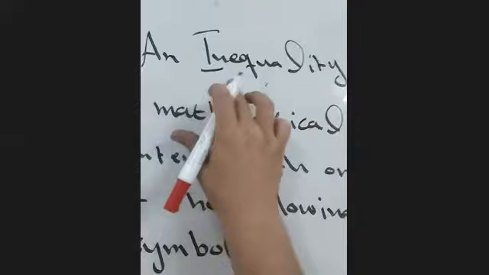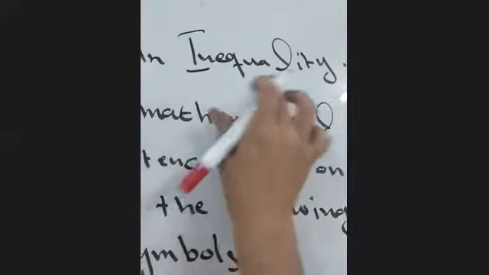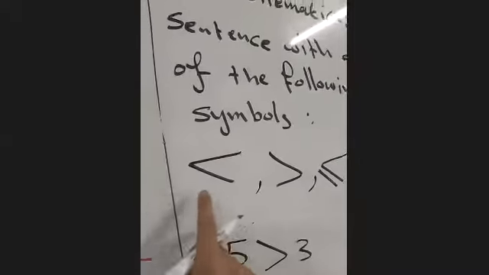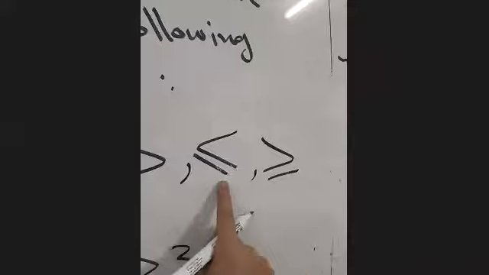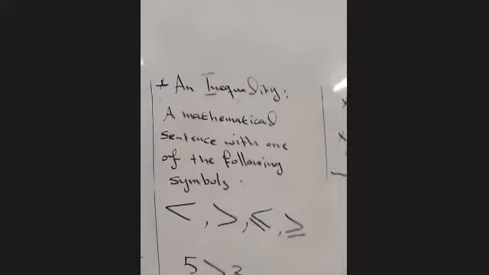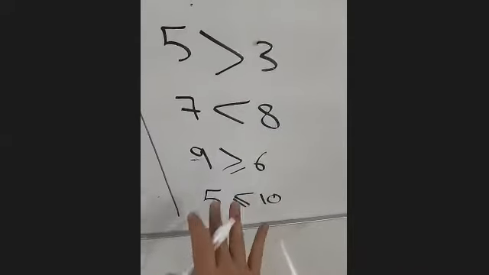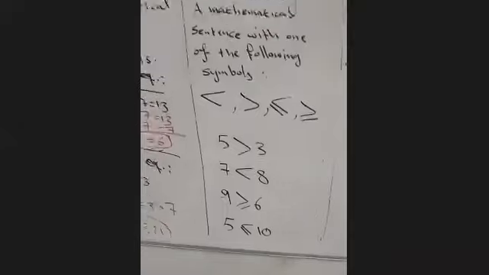Unequal means it has no equal sign. It has one of these: less than, more than, less than or equal, more than or equal. Remember? We did that with numbers. You did that with numbers when you were small kids in grade 3, I think.